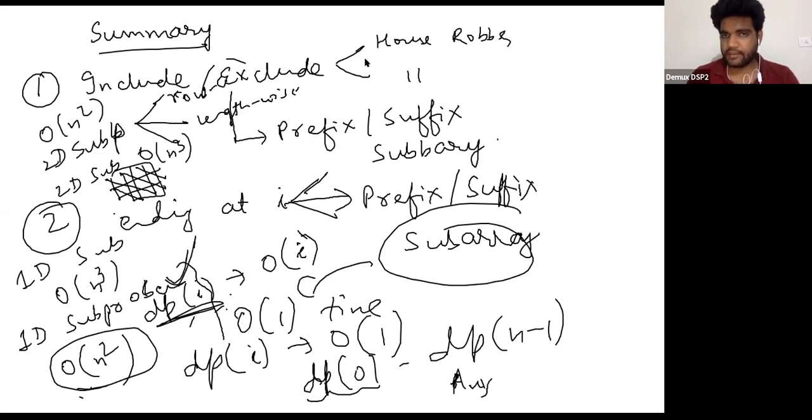If A[i] is an opening parenthesis, then the longest valid subarray ending at i will be 0. That's for sure. If A[i] is a closing parenthesis, then the expression will be the longest subarray ending at i-1. So formulate it in terms of the original problem.